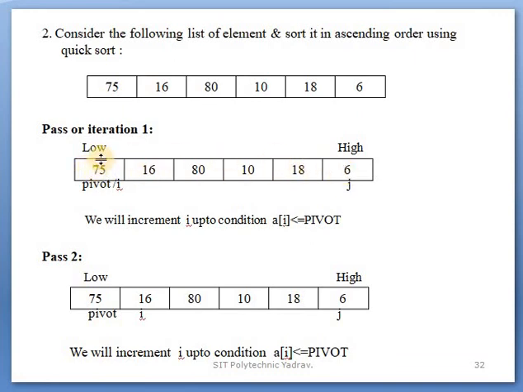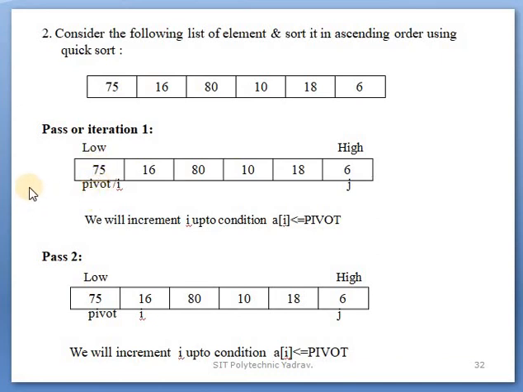Assign low, that is the 0th value, and high, the ending value: the starting element and ending element of your array. The pivot value is initialized as the first element of your list, the 0th element.